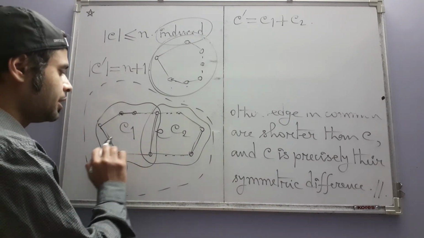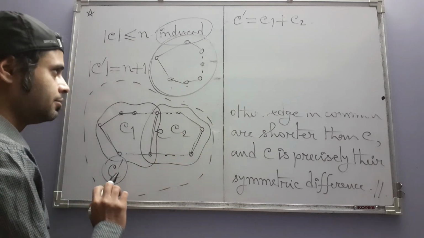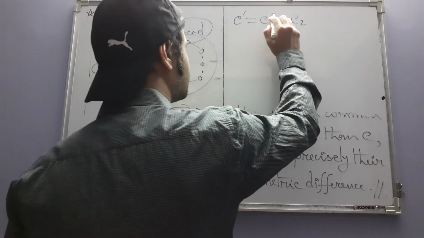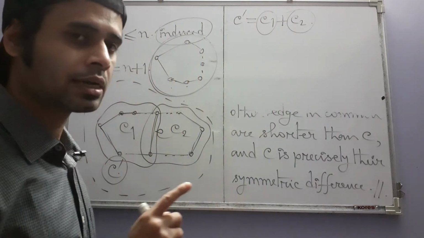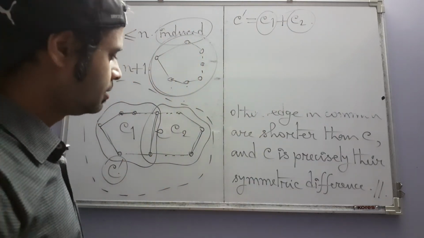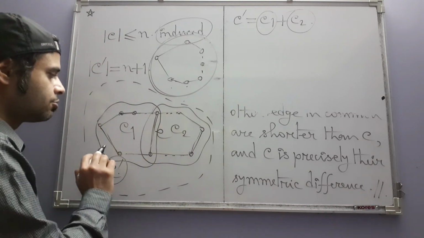So here what we are saying, C prime, or rather the set of edges in C prime, is the sum of the set of edges in C1 and the set of edges in C2, and you know that this sum is the symmetric difference. You can see why. That is because you are looking at these two edge sets.